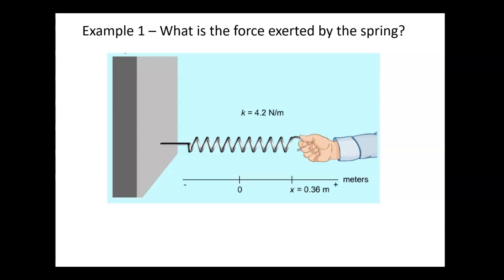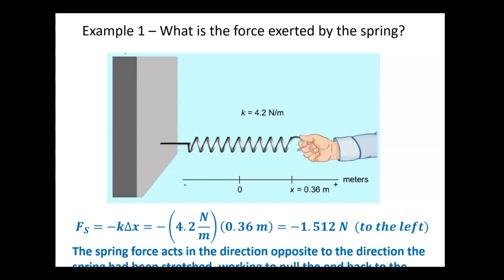So in this example, the man has pulled the spring to the right and has shifted the end of the spring by 0.36 meters. They're telling us that the spring constant, k, is 4.2 newtons per meter. And so if we want to calculate the force, we would use the equation spring force equals negative k delta x.